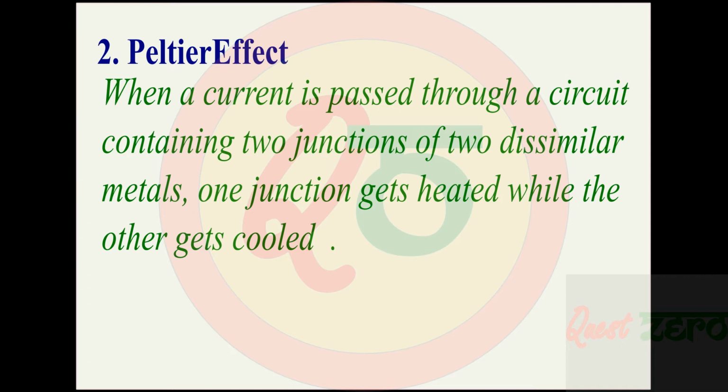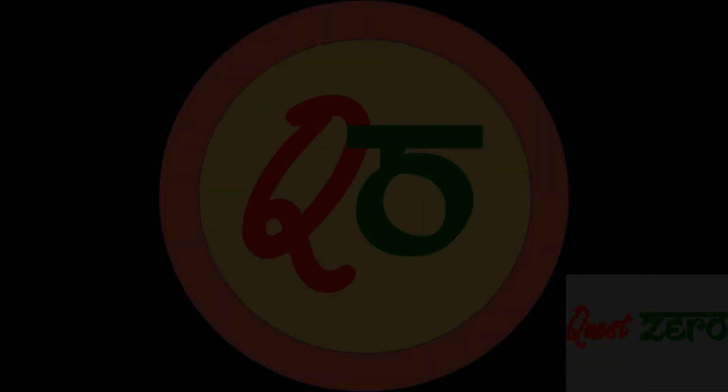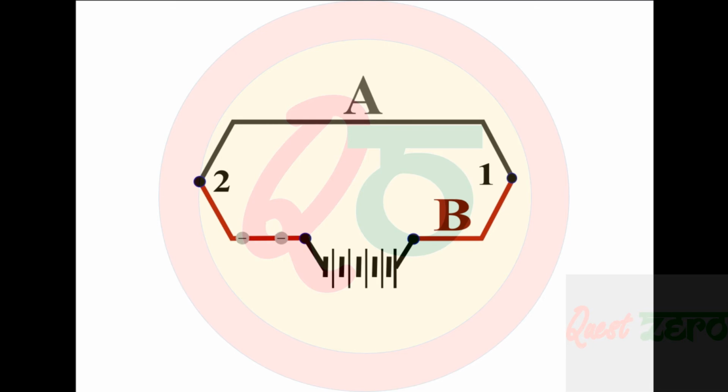The Seebeck effect, as we saw, was primarily due to two effects. One was the Peltier effect and the other was the Thomson effect. The Peltier effect creates an EMF, but it is very small. This is a small animation denoting the Peltier effect.